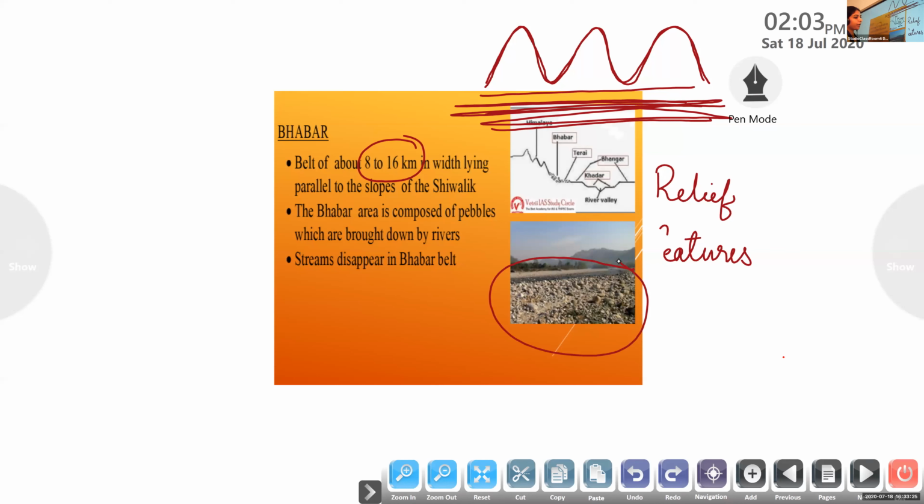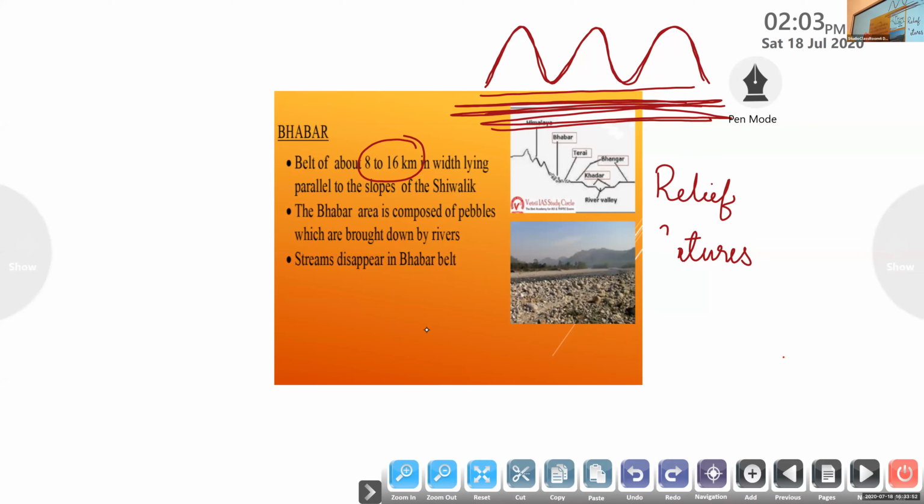It runs in an east to west direction, from here this way, a line from here. Clear? I hope you understood the meaning of the first sentence.